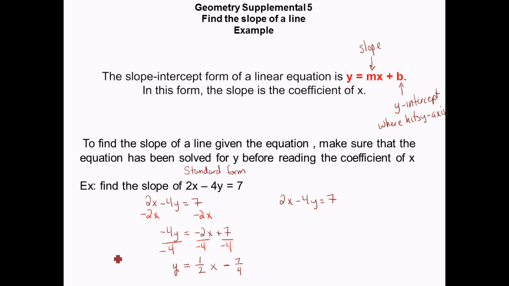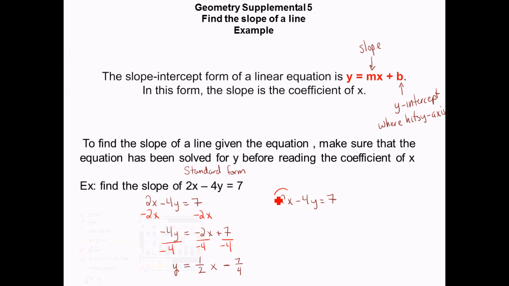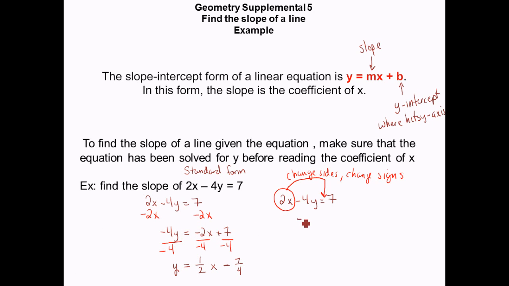Now the Miss Ayton method. I'm going to pick this up and move it over here. So I'm going to change sides, which means I have to change signs. Anytime I pick something up and move it to the other side of the equal sign, I have to change signs, just like when a sports person switches teams, they change jerseys.